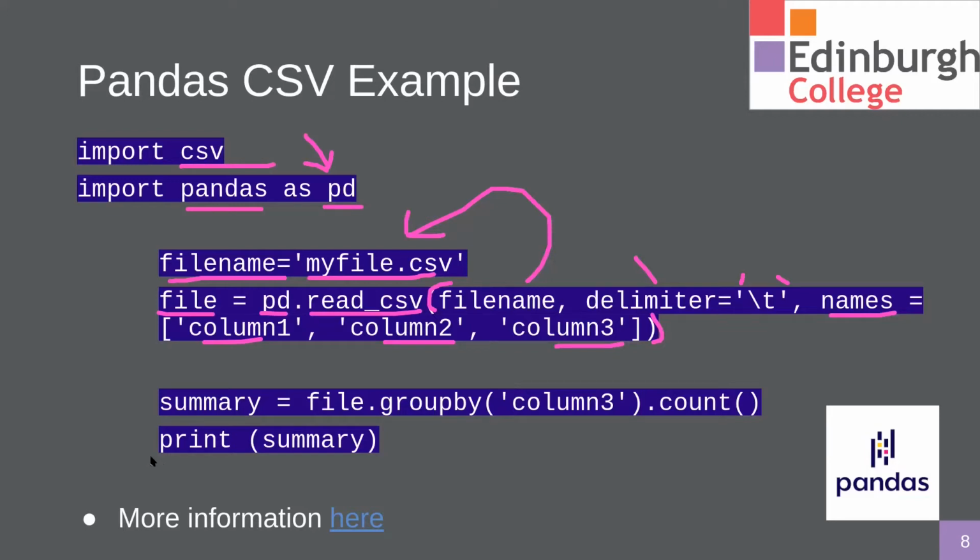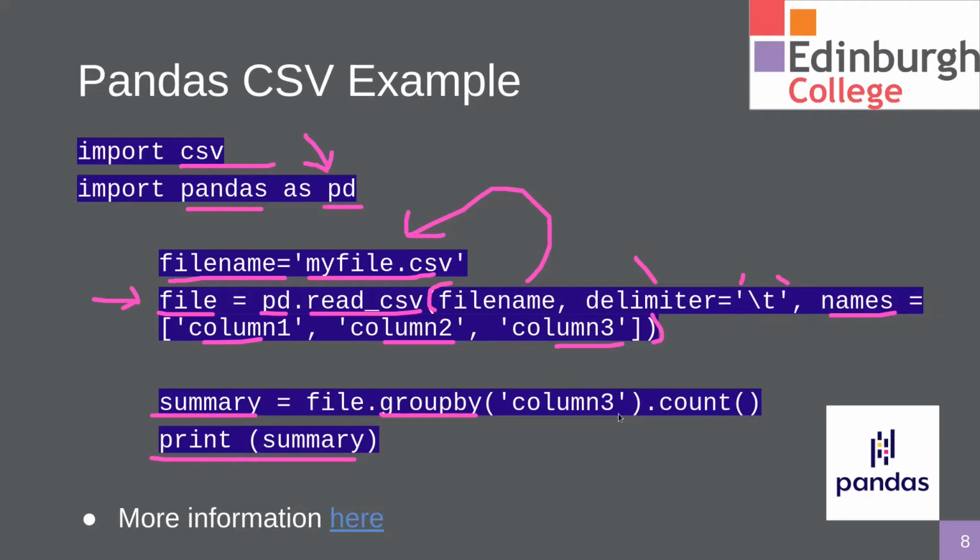Then we can use print, okay? Now we could just print file, but we have this file.groupby, okay? And file.groupby will allow us to print out a particular part of it.